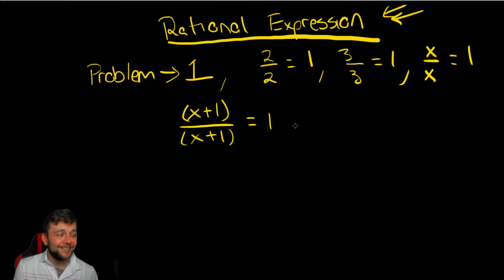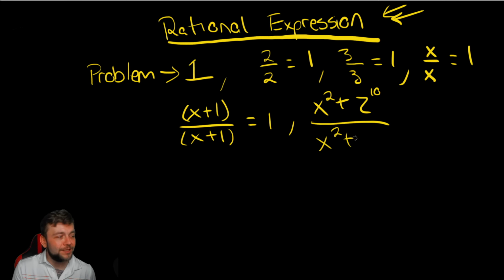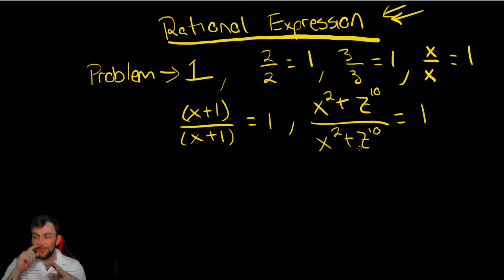That equals 1. See how nasty? I can write anything. x squared plus z to the 10th power divided by x squared plus z to the 10th power. That also equals just the number 1, right? That right there is ugly. Later on, that's why these rational expressions can get so gross.